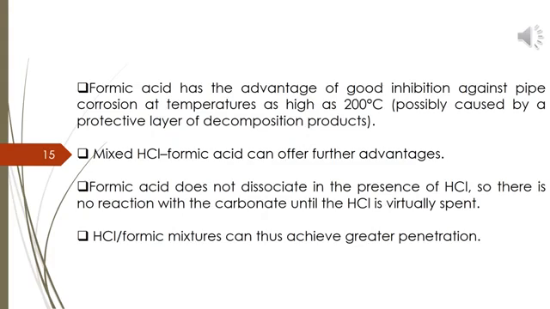So at 200 degrees centigrade, the temperature is too high, there is possibility of corrosion. But what happens when the products are decomposed? Their decomposed products make up a protective layer. So formic acid is very good for the inhibition of pipe corrosion at such high temperature.